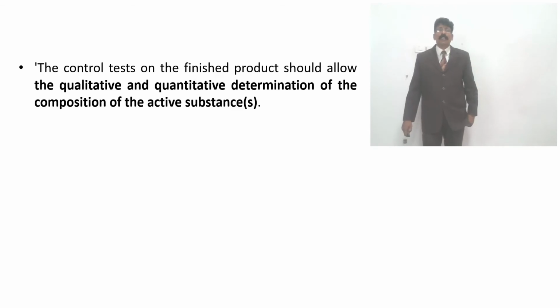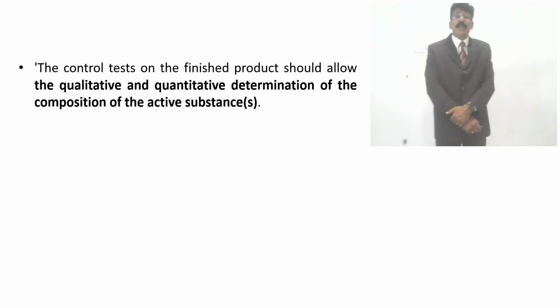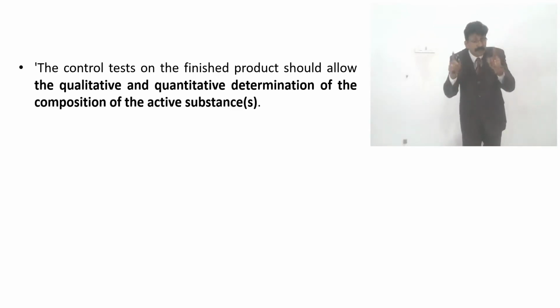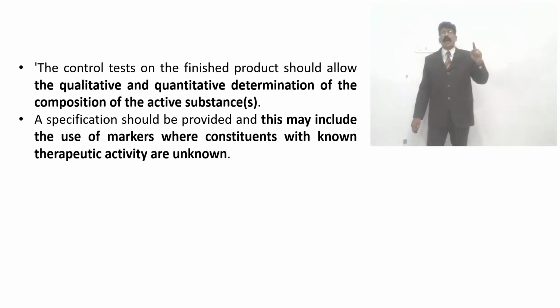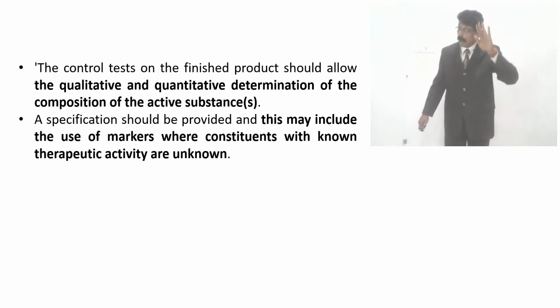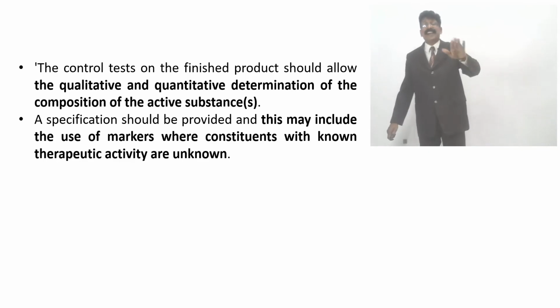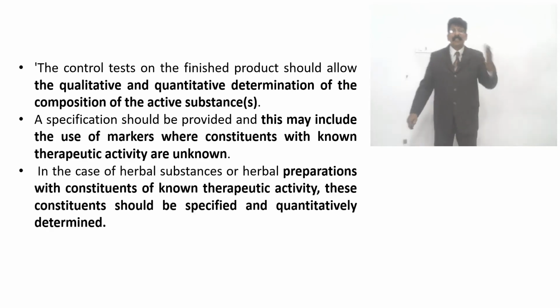The control test of the finished product should allow the qualitative and quantitative determination of the composition of the active substance. A specification should be provided. This may include the use of markers where the constituents are known but therapeutic activity is unknown. These are all points which you have to write.